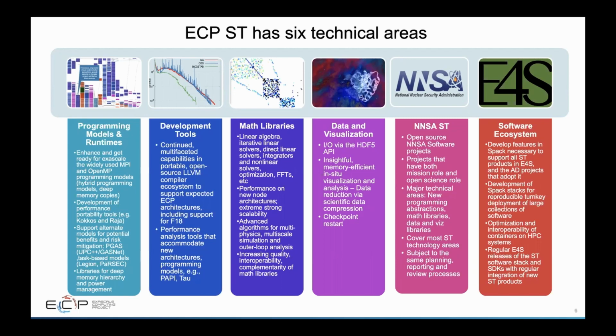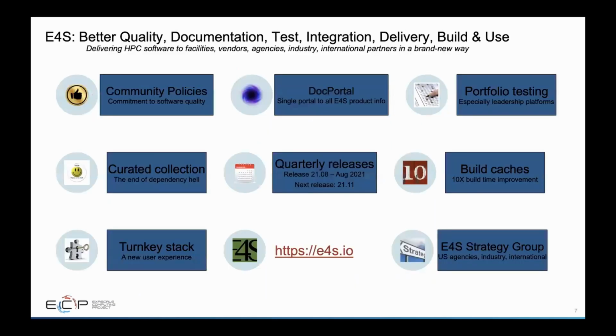So with these technical areas, our goal is to deliver E4S as a framework that provides better quality software with documentation, test cases, integration with applications, and be able to deliver this on HPC systems where it's easy to build and use. So delivering HPC software to facilities, vendors, agencies, industry, and international partners in a new way.